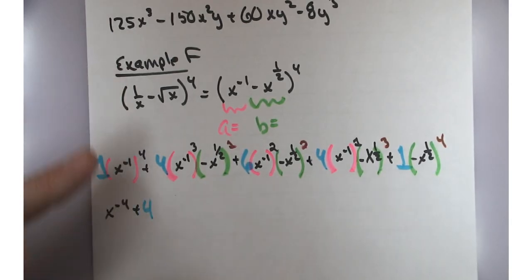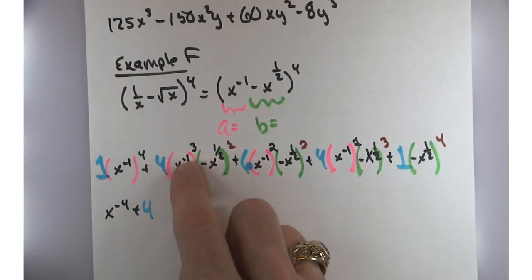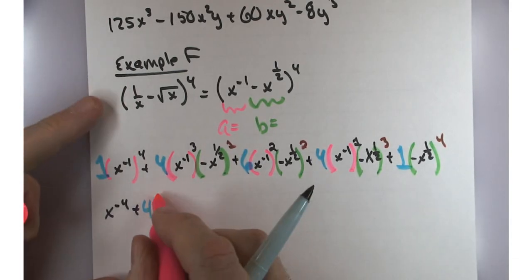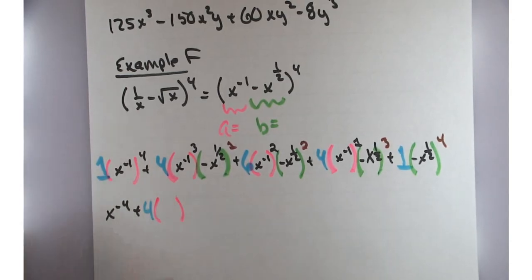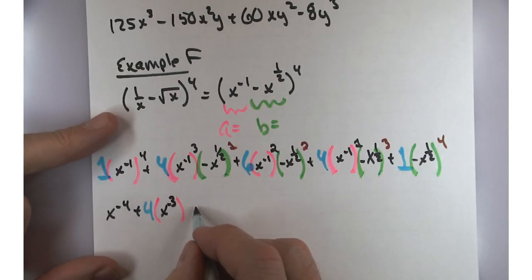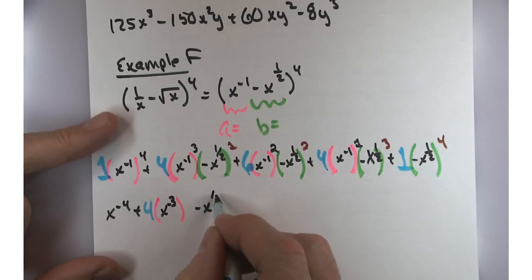And Antonio, what would the next one be? Negative 3. X to the negative 3. All right, x to the negative 3rd. And then I'm going to have a minus x to the 1/2 here still.